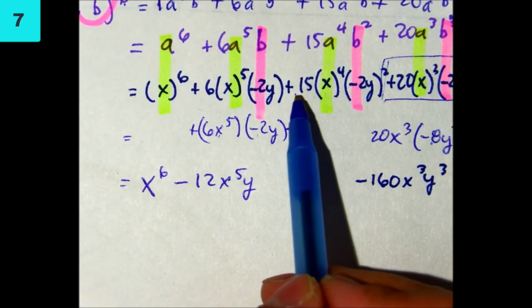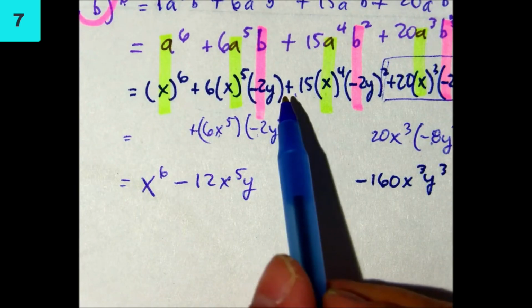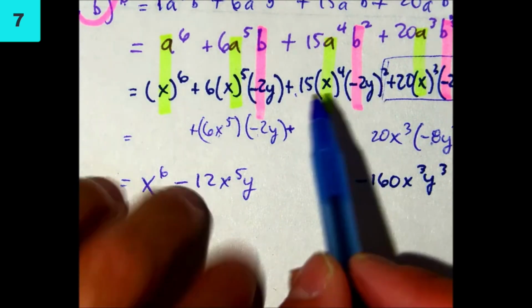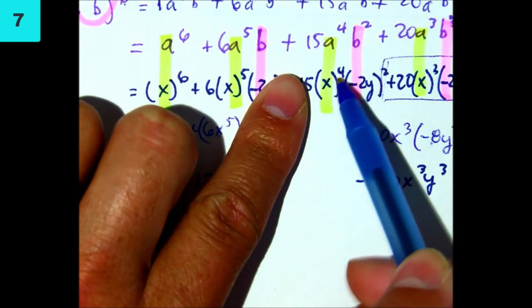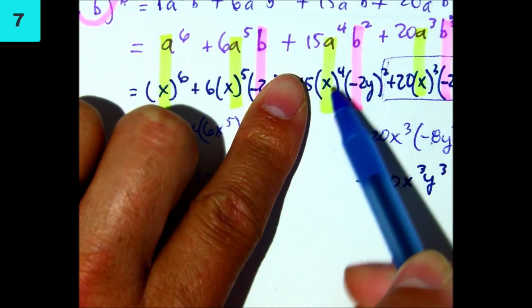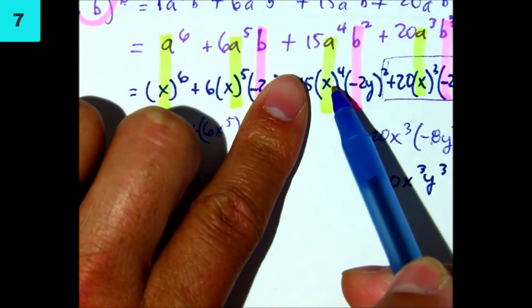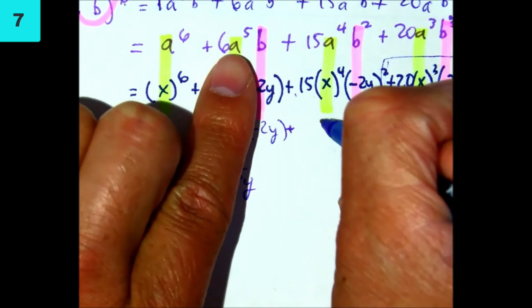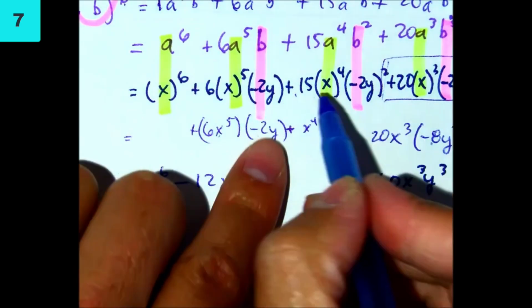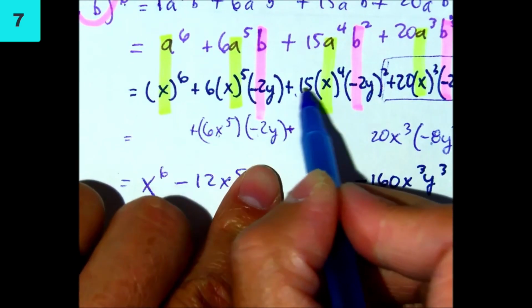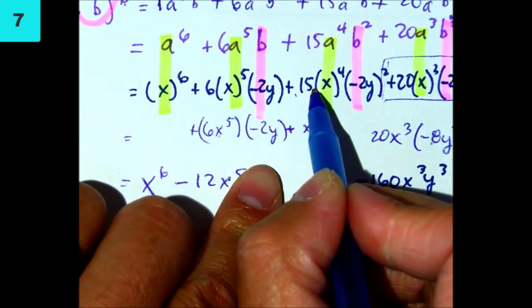Should you do 15 to the 4th power? Yes. Okay. Order of operations says exponents first. What does this become? x to the 4. And then you just multiply times 15 here. 15.